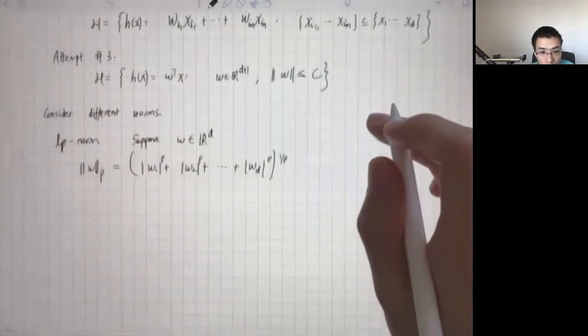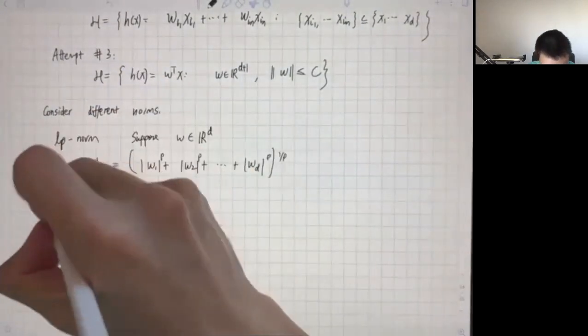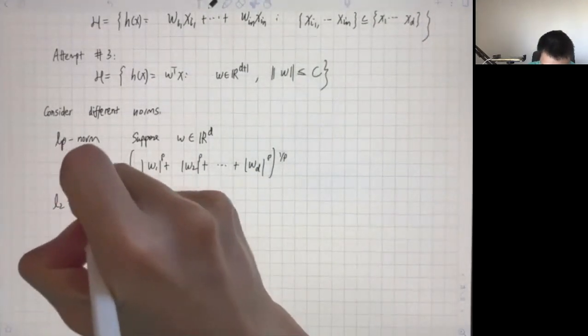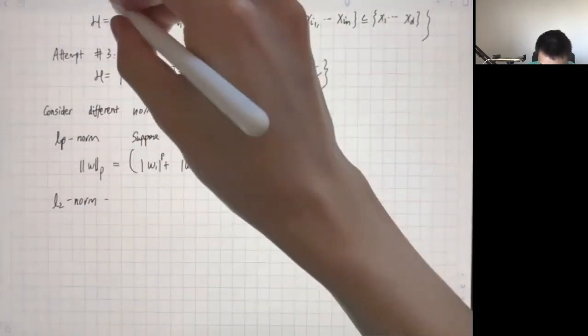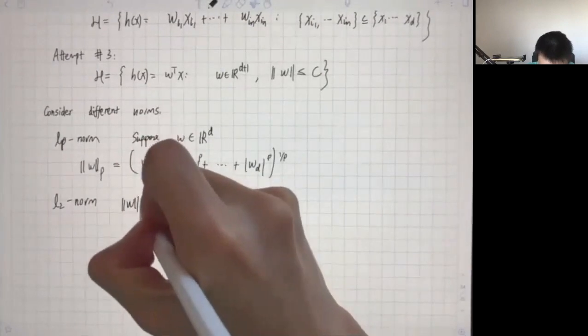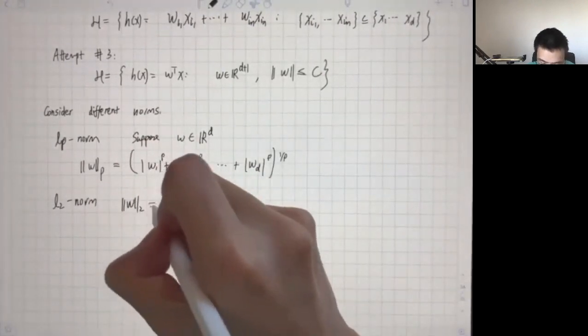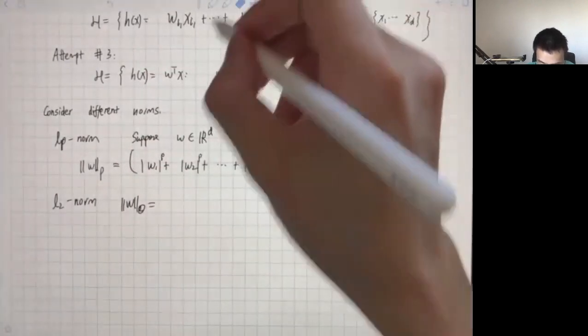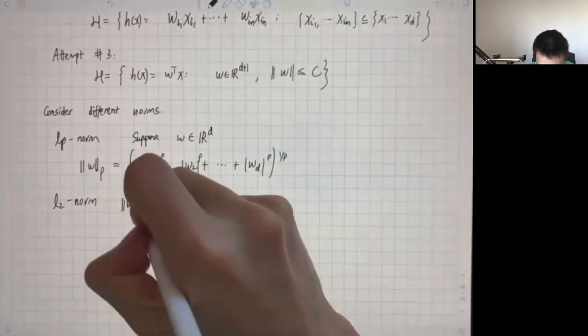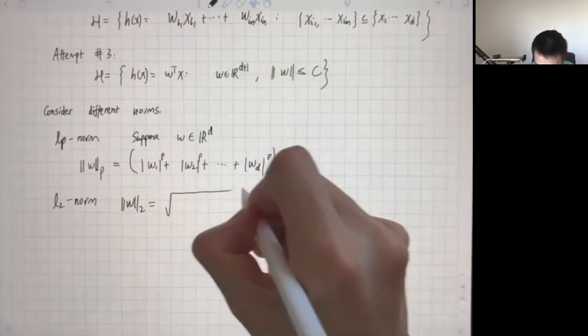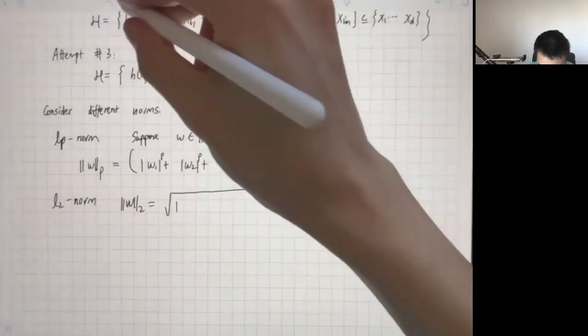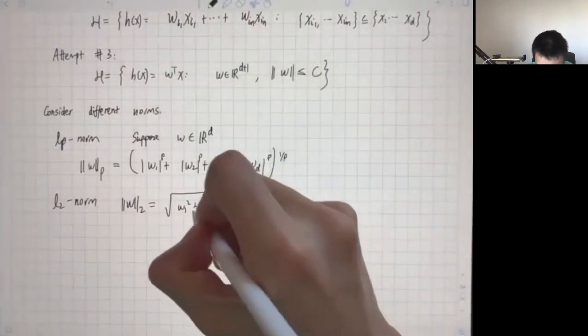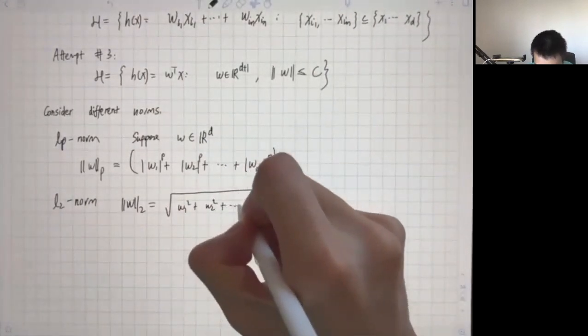When we plug in P as 2, we get the L2 norm, and this is the most common norm, so sometimes we omit the 2. But I can also write 2 here, which is the square root of the sum of squares. This time I don't have to have the absolute value because I take the square.